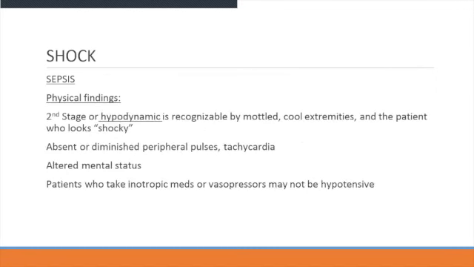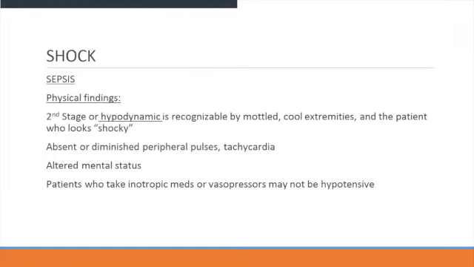The second stage, this is going to be the hypodynamic stage. This is recognized by mottled skin, cool extremities, and patients who look shocky. These are going to be your late stages of sepsis. In most of my experience, these patients are usually not very responsive. They may have an altered level of consciousness.